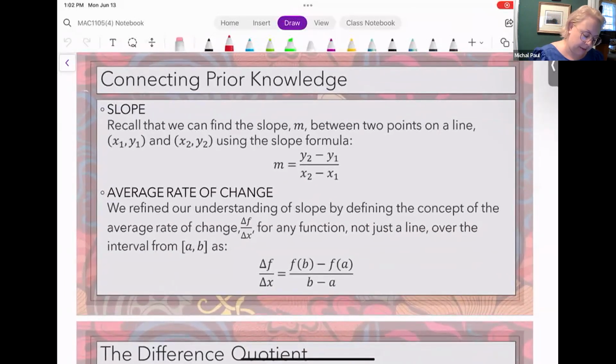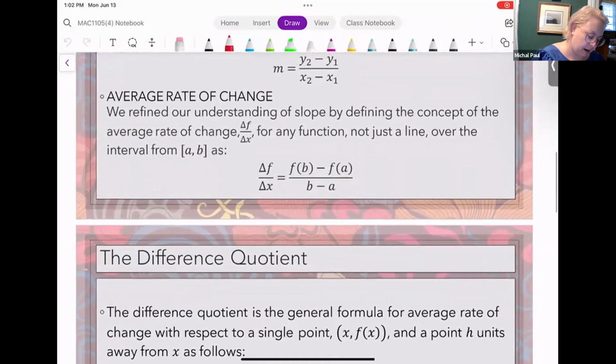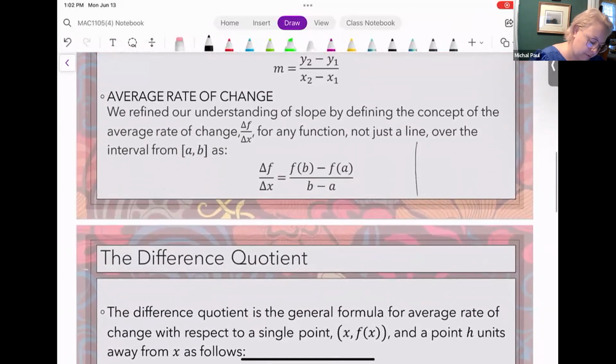All right, if our two inputs for x, here, I'm going to make a little graph. Say our graph looks like this, and I want to find the average rate of change from x equals a to say x equals b.